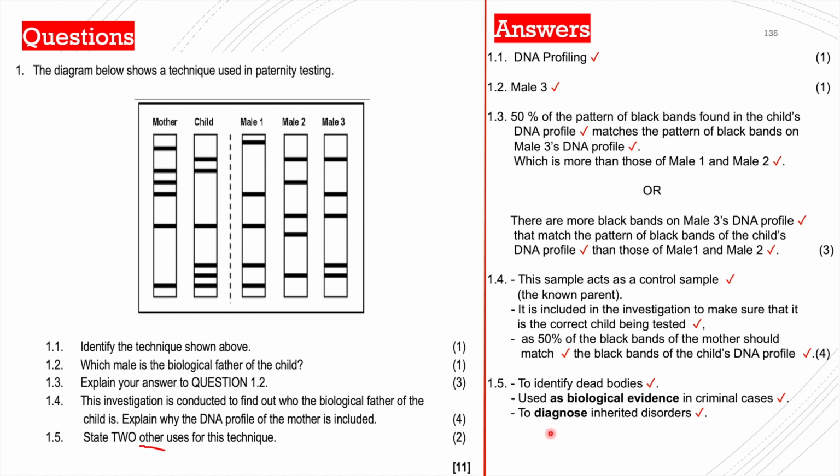The following one, to diagnose inherited disorders, and the last one, to find cures for inherited disorders. Okay, guys, so any 2 of these 4 would get you the 2 marks. But not the one of identifying relatives, because the question says 2 other uses for this technique.